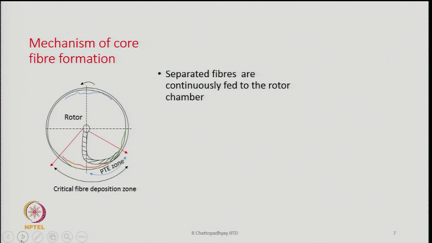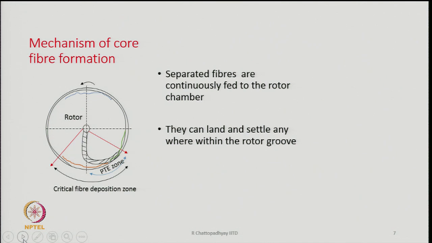And for that, we need to understand the mechanism of formation of sheath fibers especially, and belt fibers. Now, we all know that after fibers get separated, we feed a sliver, open it out or separate them with the help of opening rollers, and then these separated fibers are made to enter the rotor spinning chamber.